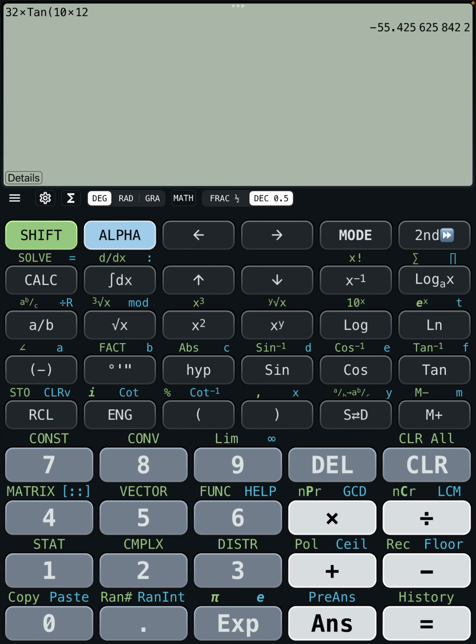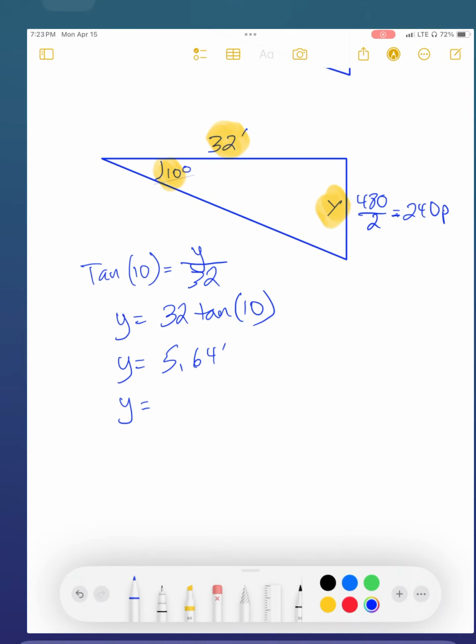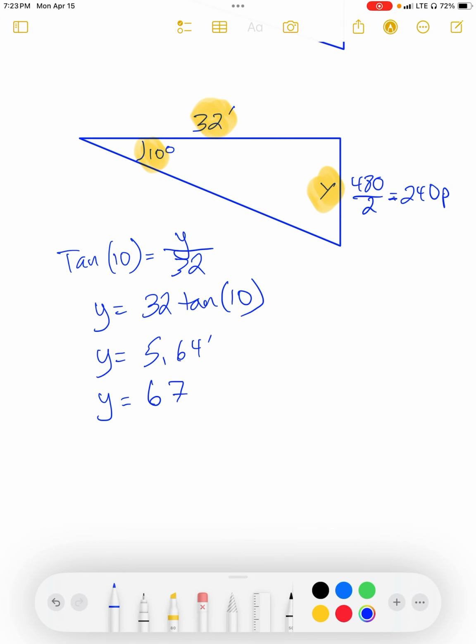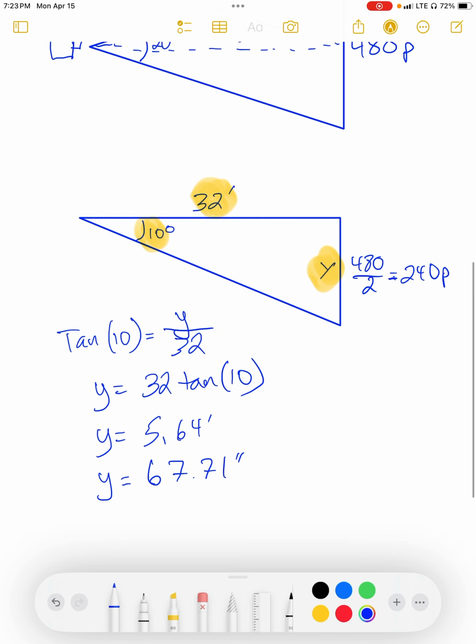Oops, I think I hit a negative. 32 times tangent of 10 equals that. And then we'll go times 12 inches. That gives us 67.71 inches. So the height here, y, is 67.71 inches.